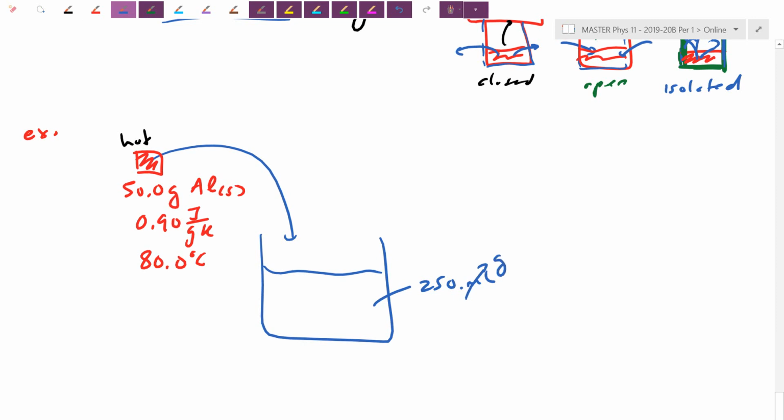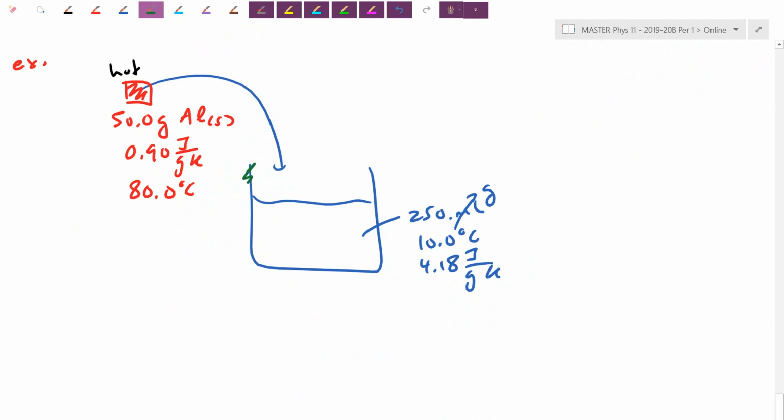Let's assume my water I just got from the tap is 10 degrees, and the constant here is similarly 4.18 joule per gram Kelvin. Water as a chemical is a little bit harder to heat up. We saw the moderating effect in yesterday's lesson. So that's the system. We're under these assumptions, assuming the walls are made out of something heavy duty that doesn't allow for any heat transfer, any loss to the environment.